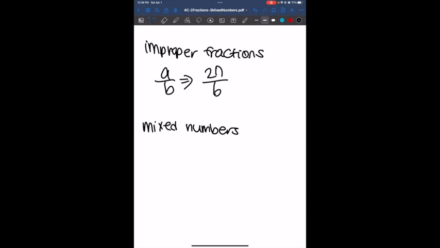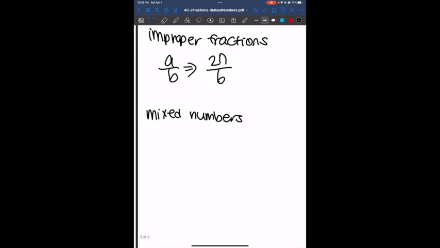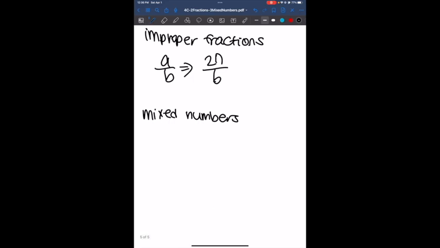So the numerator is bigger than the denominator usually for improper fractions. Now as for mixed numbers, we have a whole number and then we have our fraction. And our fraction is usually where the denominator is larger. So the fraction is not yet a whole number. It's not greater than 1, but we have a whole number in front.